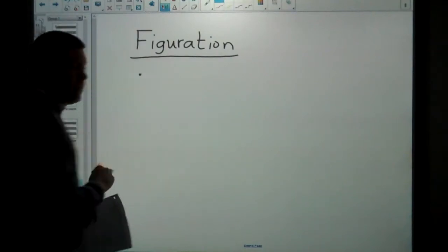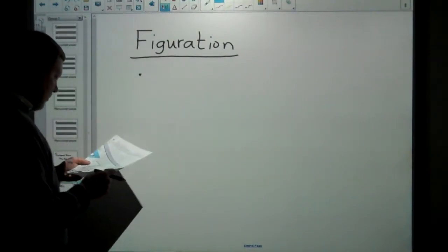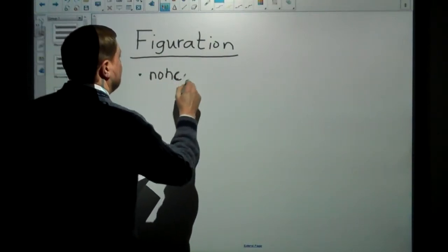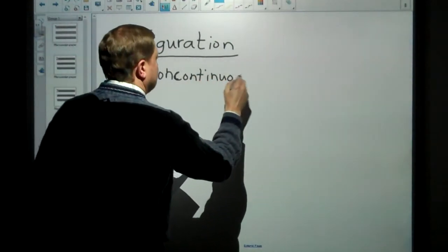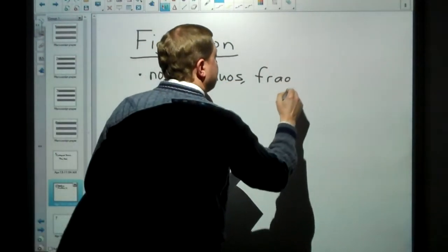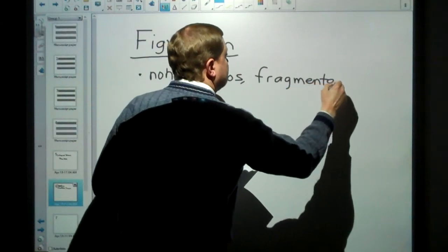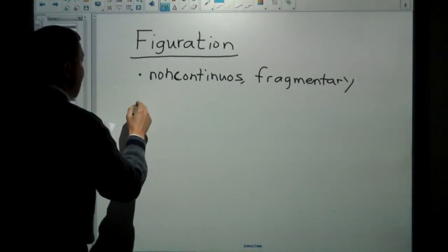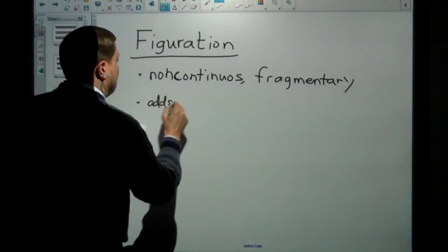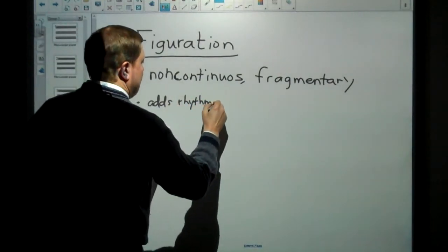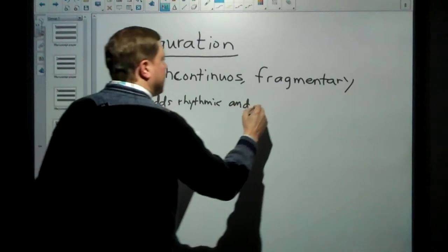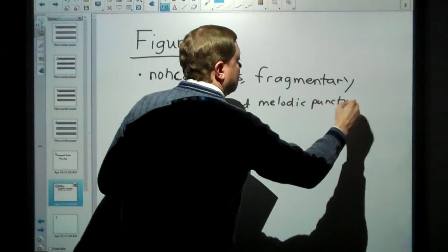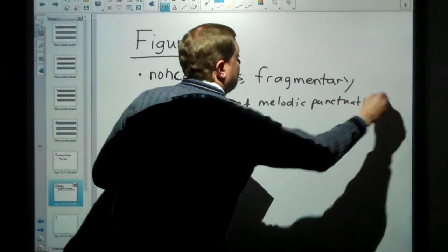So if we wanted to distill some of the important points about figuration, this type of vocal texture, we would say that it is non-continuous, meaning it is a fragmentary line. We would also say that it adds rhythmic and melodic punctuation to a melody.